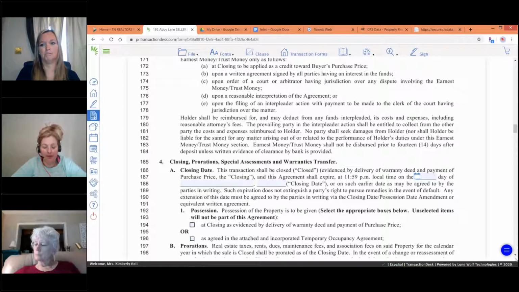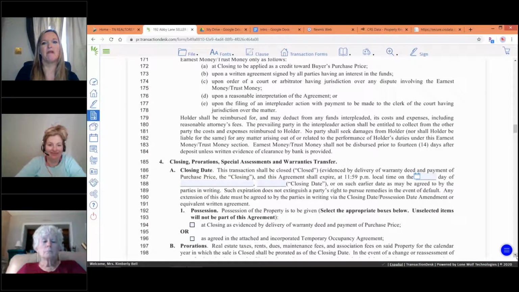Okay. Can I ask you a question about B 173? When it says upon a written agreement signed by all parties having an interest in the funds, what exactly does that mean? It would mean that, if maybe they wanted part of the earnest money to go for repairs prior to closing, then it would be non-refundable.